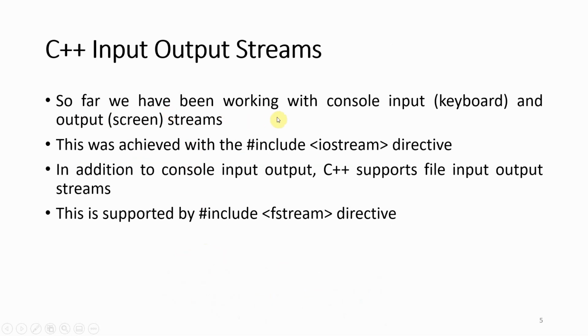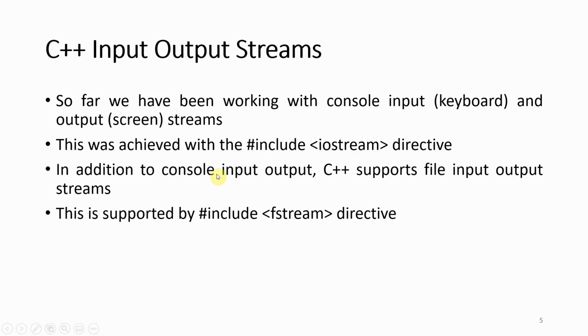So far we've only been working with console input, keyboard, and output screen streams. This was achieved with the iostream library directive, which you include on top of your program, and use the namespace std, where the cout and cin objects are instantiated.